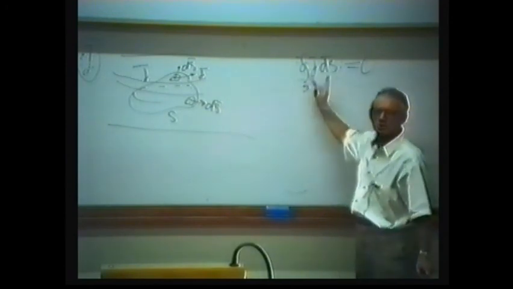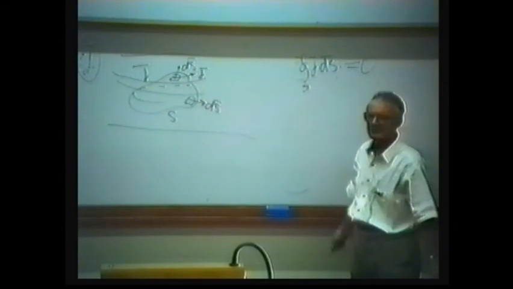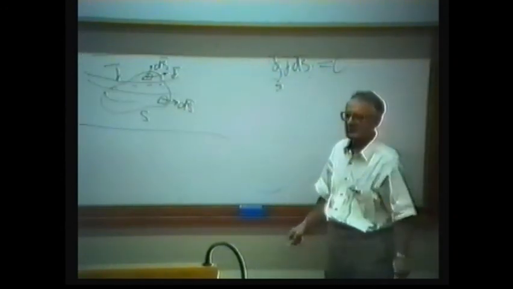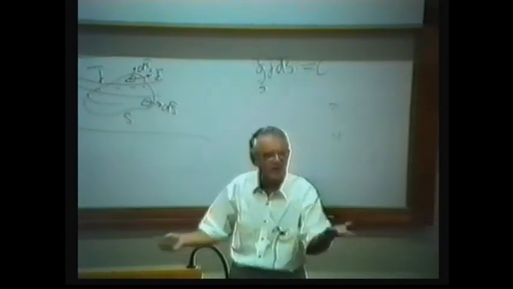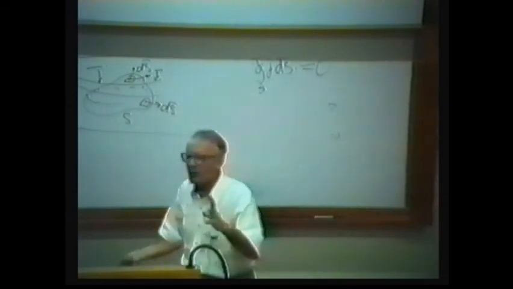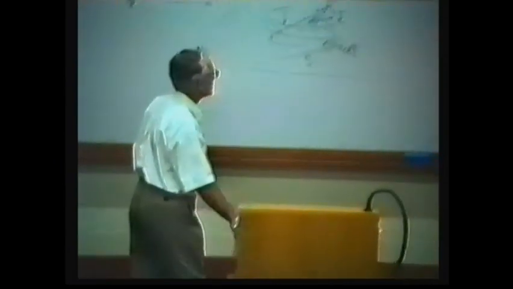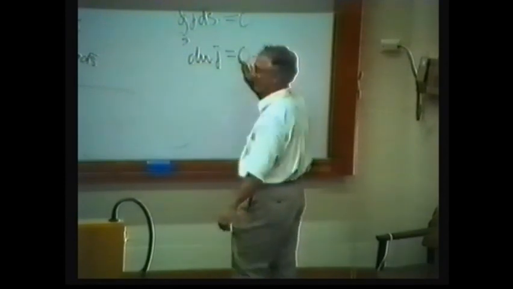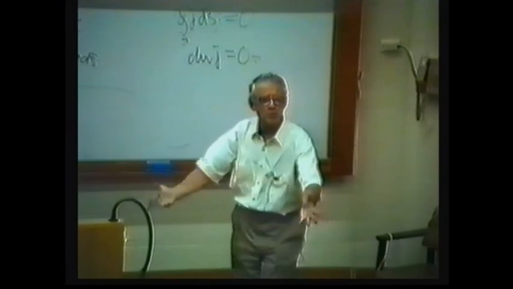Now, if I take a small surface and divide by volume, what will we get? The integral through a closed surface divided by a small volume. How do we call this quantity? Divergence. So another form of this physical law is divergence of J equals 0.